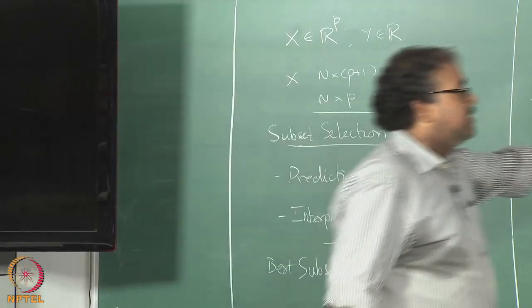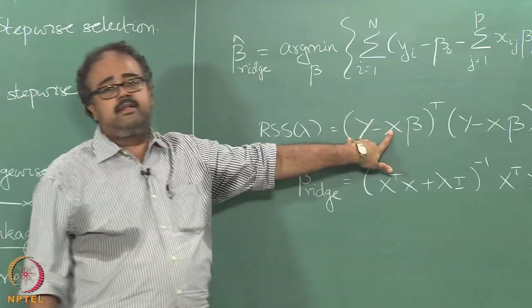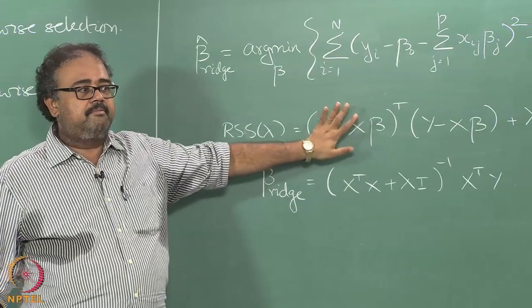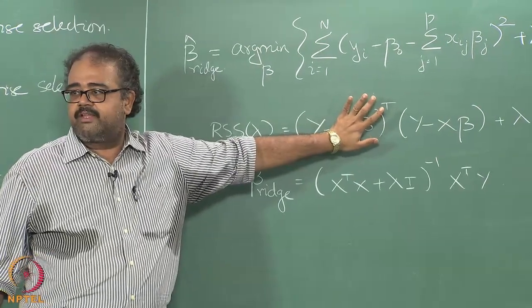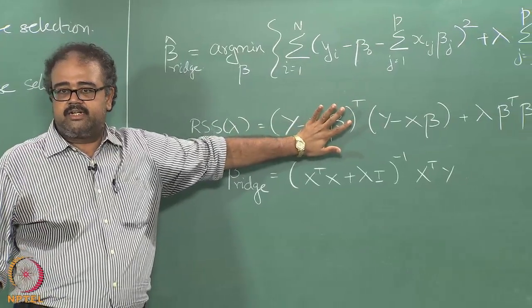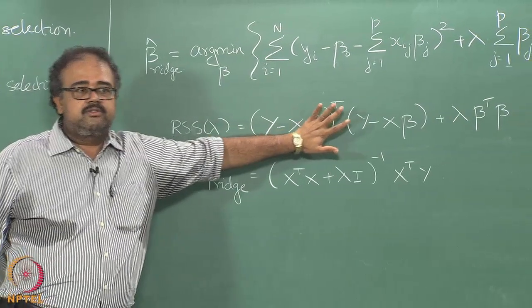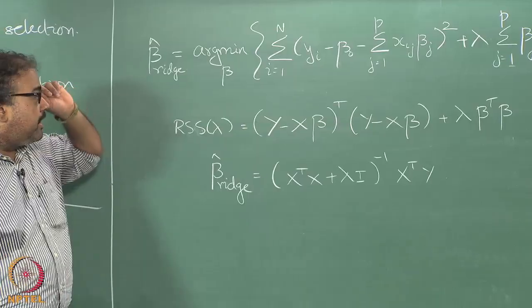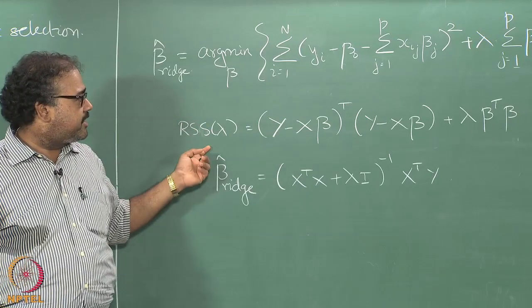So here, both my x and y are centered. So I have subtracted the mean from y, I have subtracted the mean from the columns of x. So they are all centered here, okay. So just remember that, and so once I get the centered values I can solve for it.